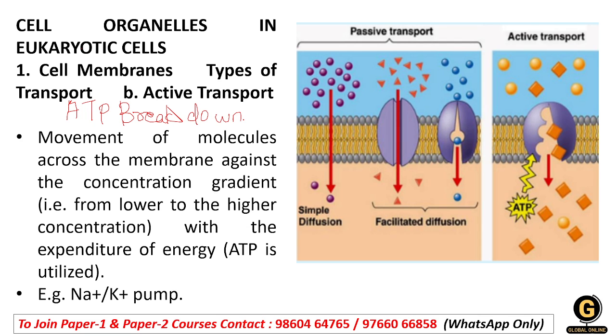Active transport, as ATP breakdown is done, moves from low concentration to high concentration, so it is also called the uphill movement. Example is the sodium potassium pump. See, movement of molecules across the membrane against the concentration gradient, that is from the lower concentration to the higher concentration with the expenditure of energy, that means ATP is utilized. And what example is given?